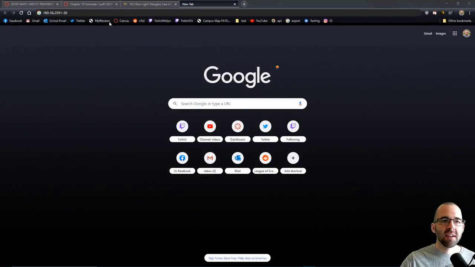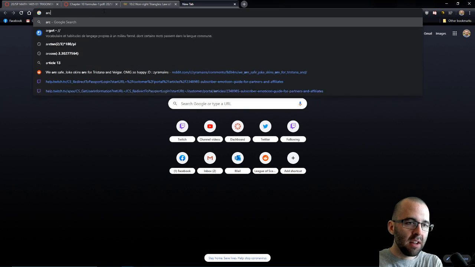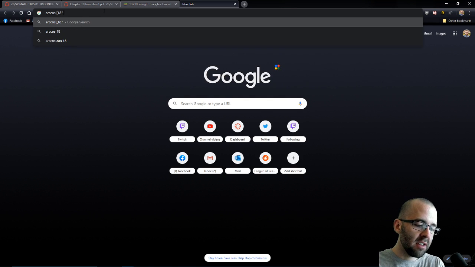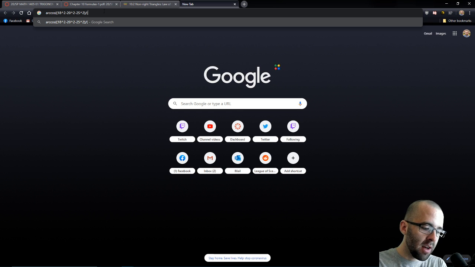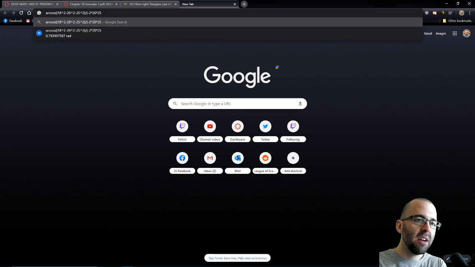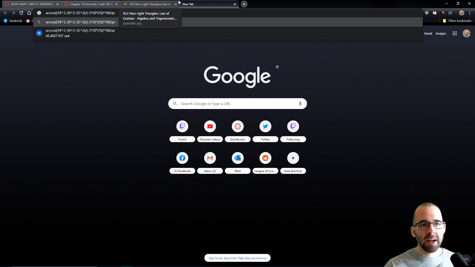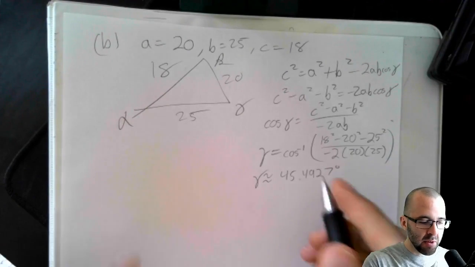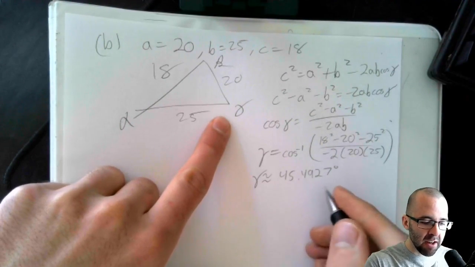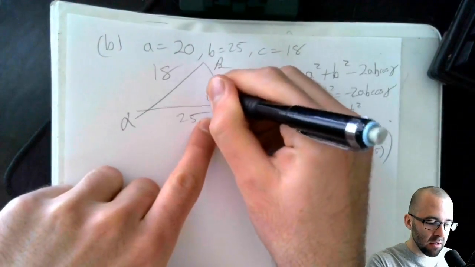Well, let's ask Google. Inverse cosine of our numerator, 18 squared minus 20 squared minus 25 squared, divided by our denominator, negative 2 times 20 times 25. And again, that gives us an answer in radians, so we have to convert it. Multiply by 180 divided by pi. We're going to get 45.4927 degrees. So we just fill that in. Gamma is about 45.5 degrees.